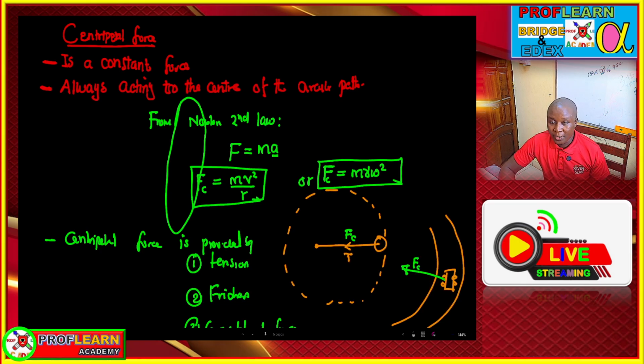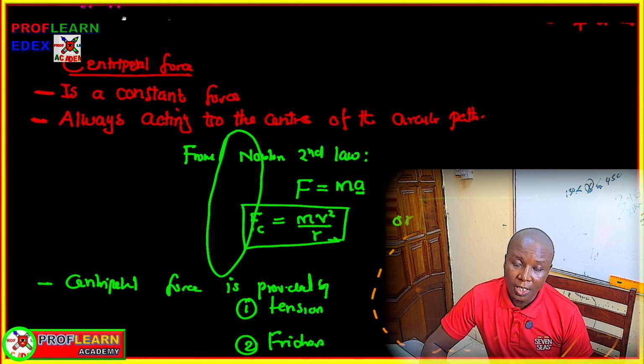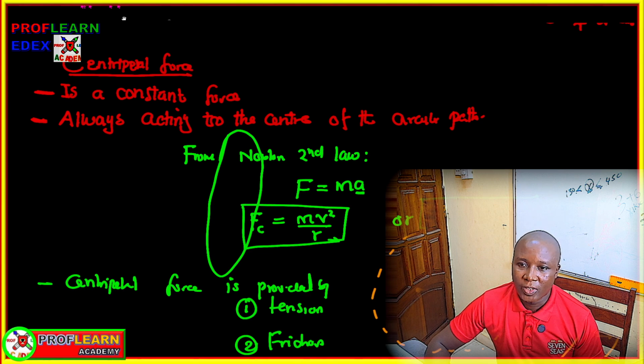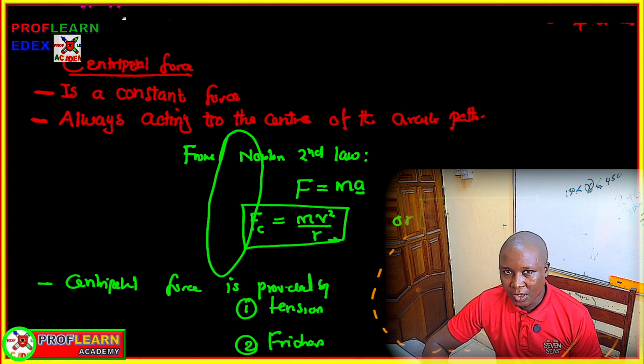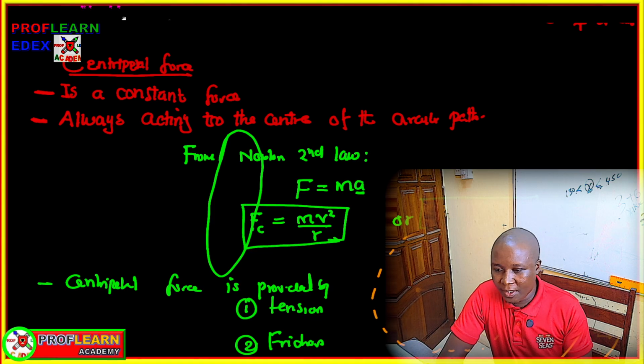Centripetal force, we need to define it as the constant force that is always directed to the center, which keeps an object moving in a circular path. And that centripetal force is provided by different quantities.